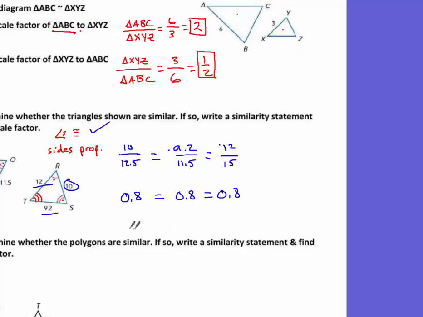So we're going to say triangle RST is similar to triangle, now we're going to match them up, so it would be NQP, and our scale factor is going to be whatever this one is, triangle RST, so that's our 10 over our triangle NQP, 12.5, which we know was 0.8.